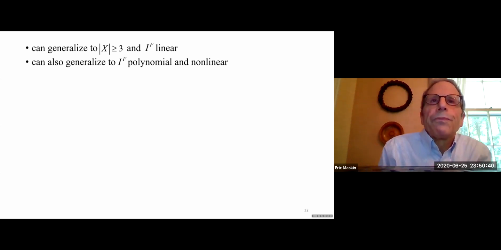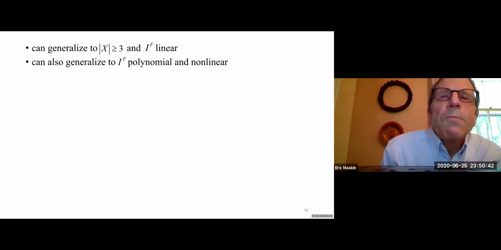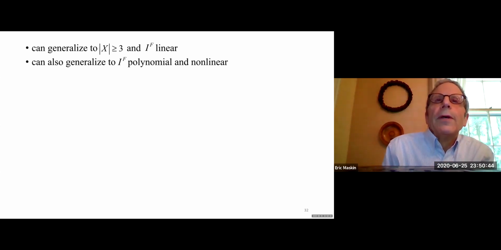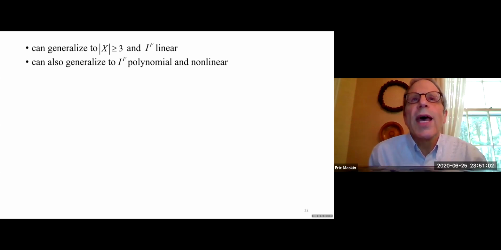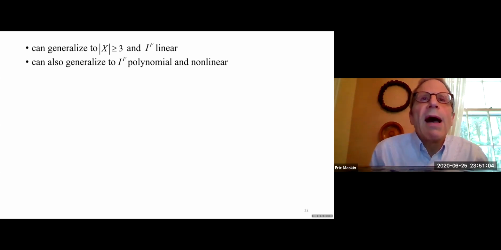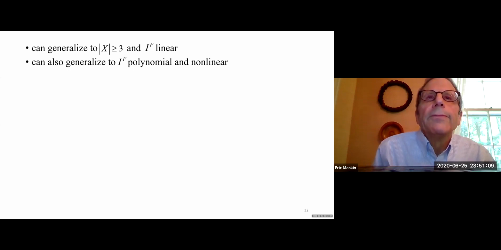If it takes a polynomial form, then it turns out that essentially the same argument that I showed you will continue to apply. So suppose that I were a quadratic rather than linear.